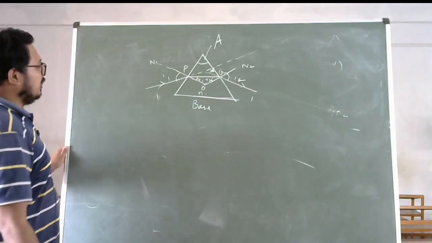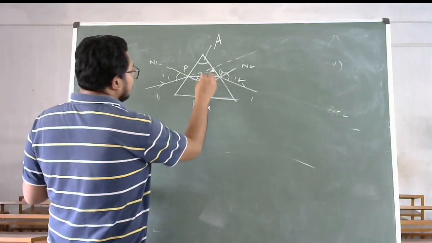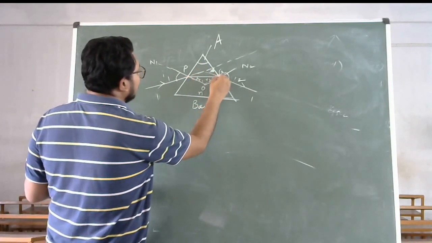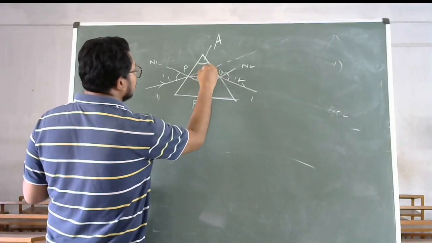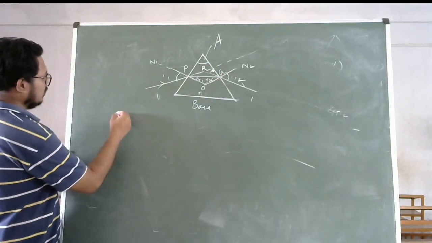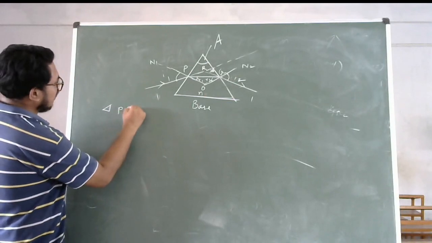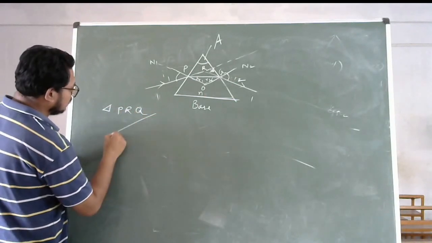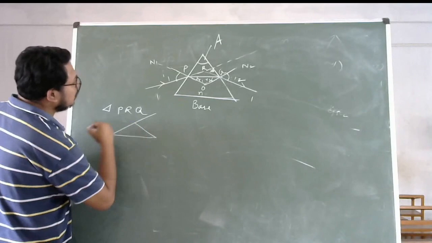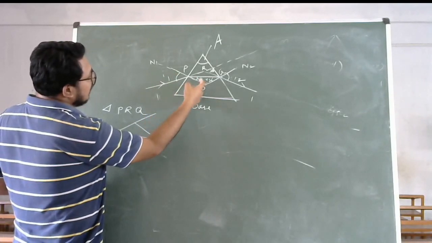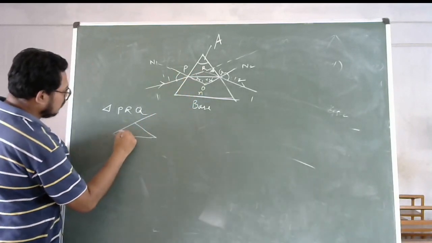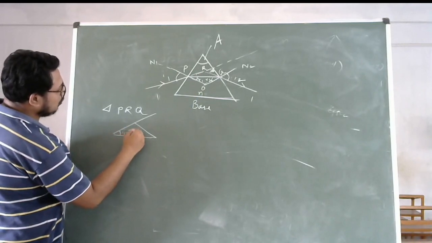Now, if you see in this direction, this triangle PRQ, this one is I1, this one is R1, the remaining one you can find out as I1 minus R1.